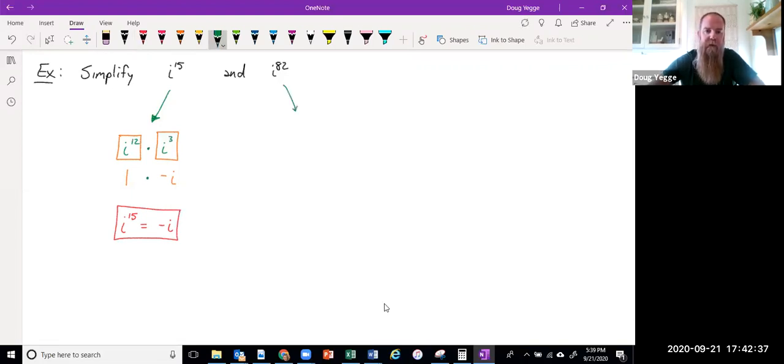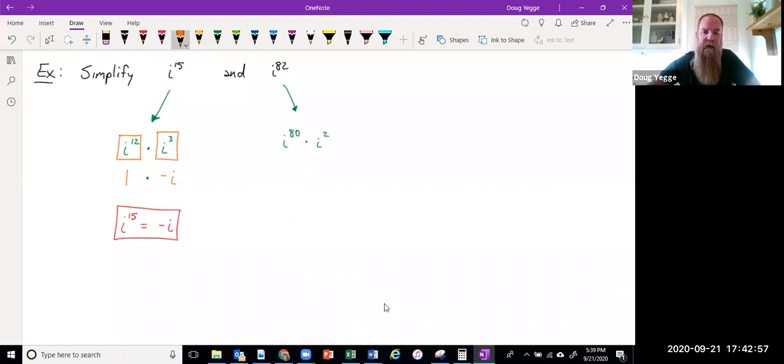Let's do this one. We realize that 82 is not a multiple of 4. We realize that 81 is not a multiple of 4 either. But 80 is a multiple of 4. So I can rewrite this as i to the 80th times i to the 2nd power.